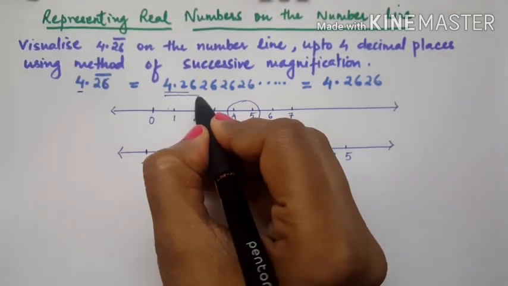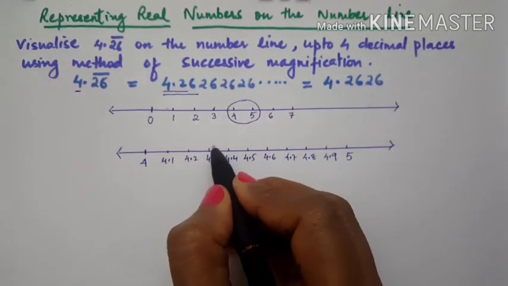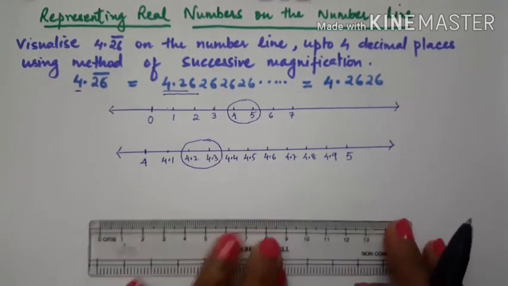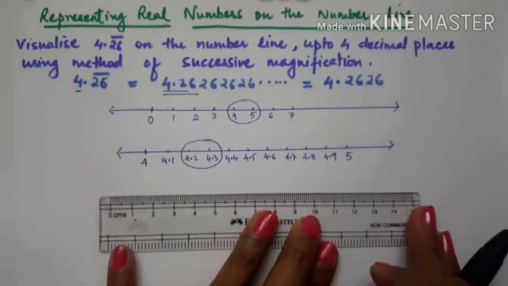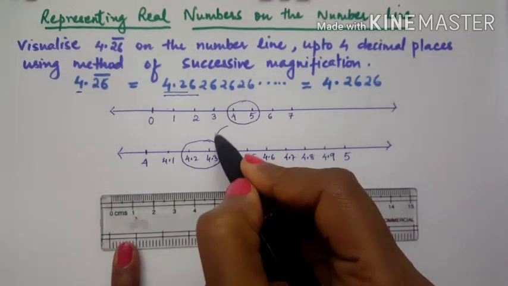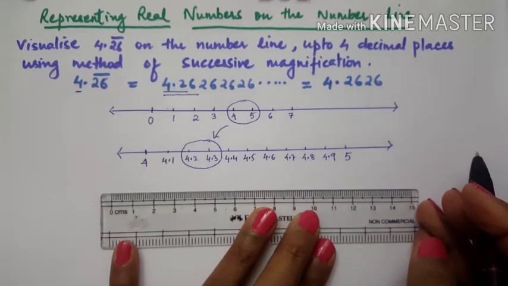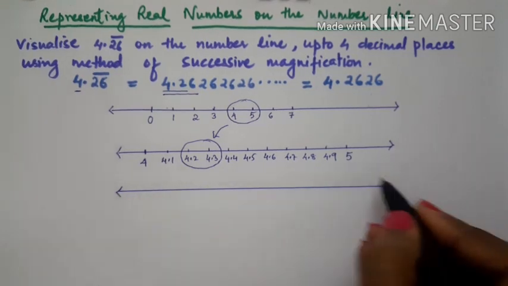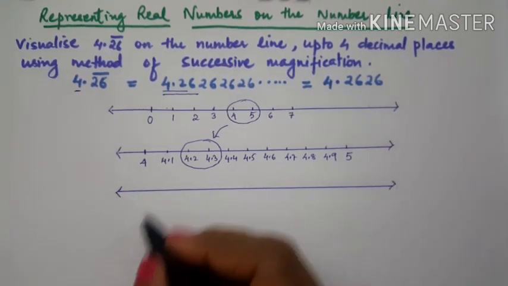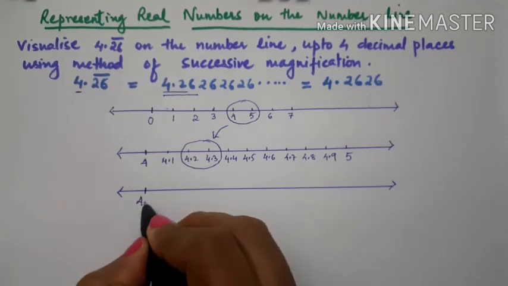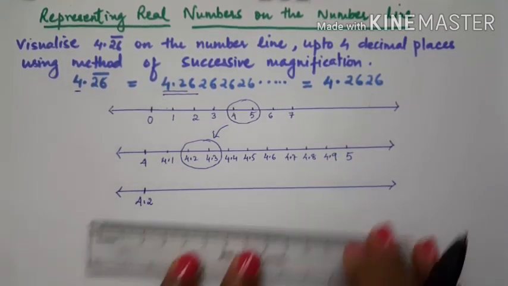Now 4.26 will lie between 4.2 and 4.3. So draw the number line and magnify the line between 4.2 and 4.3.